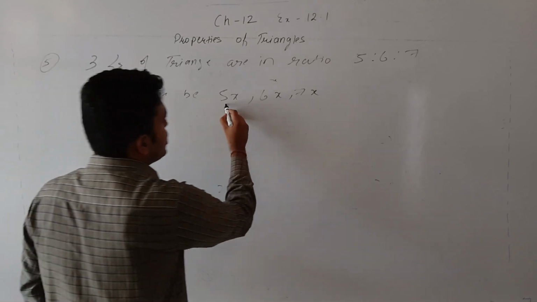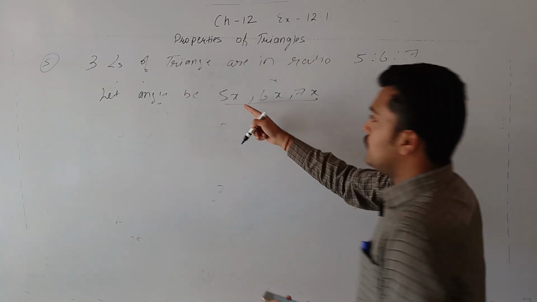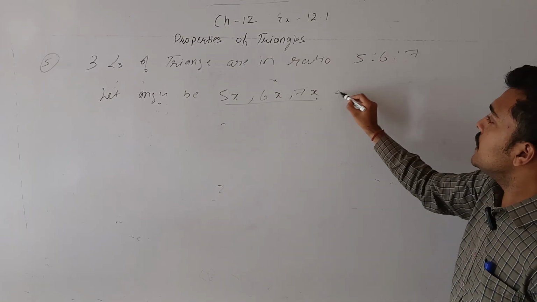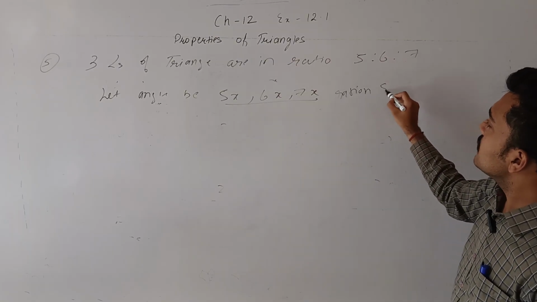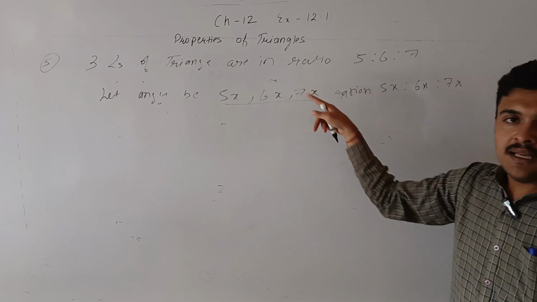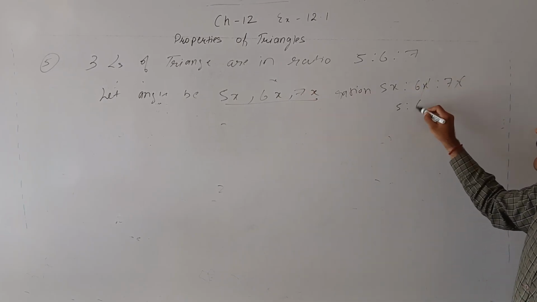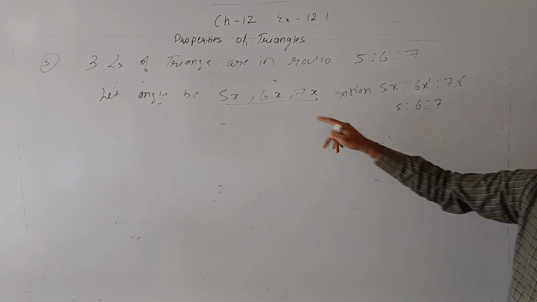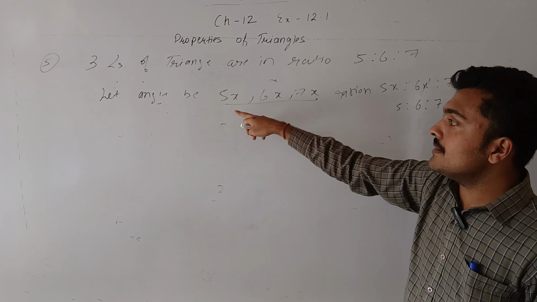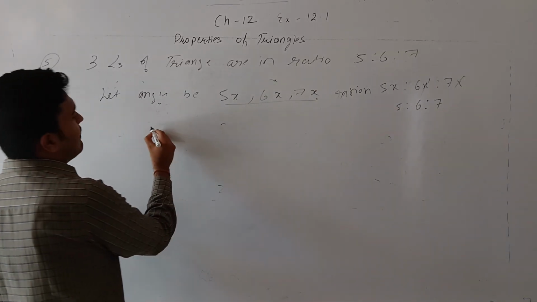If we find the ratio here, it will also come out to be 5:6:7, because x is common, it will be cancelled out. Therefore, we can take each angle as 5x, 6x and 7x.